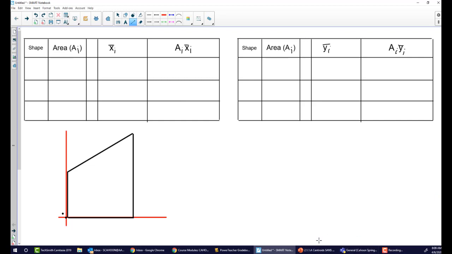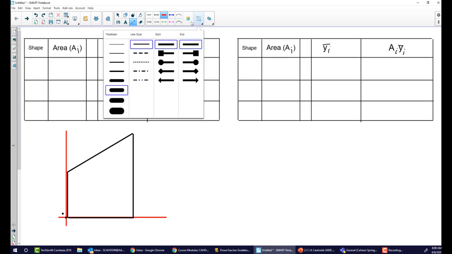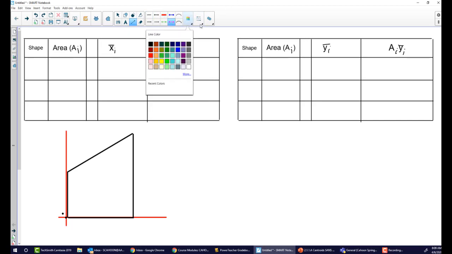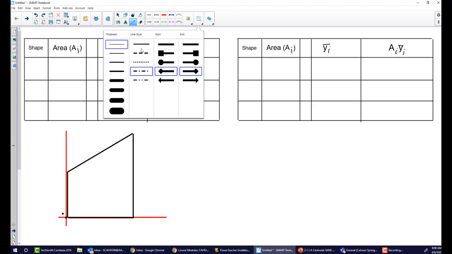And the first thing that we would want to do, our first step in this process, is going to be to break this into two shapes. So let's go ahead and just break it into two shapes to make it a little bit easier for us to work with, okay?